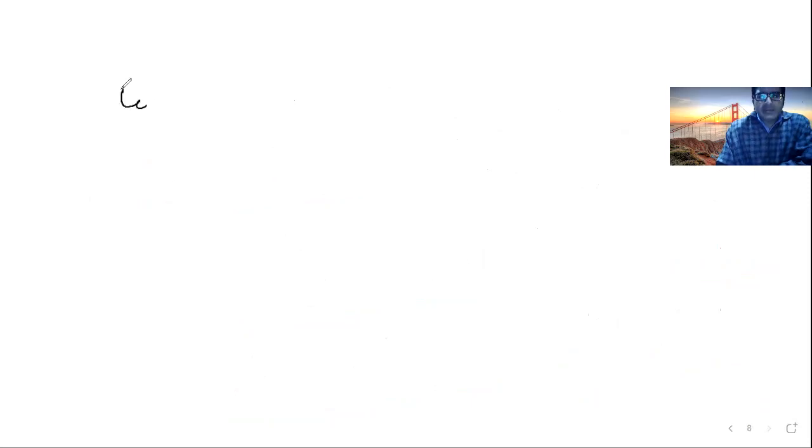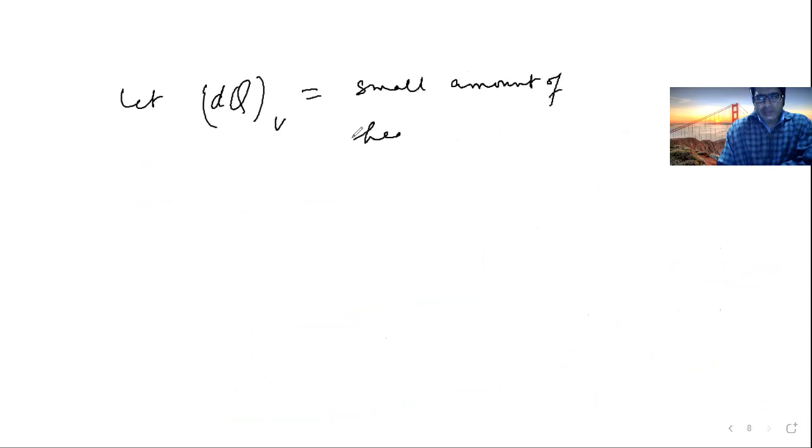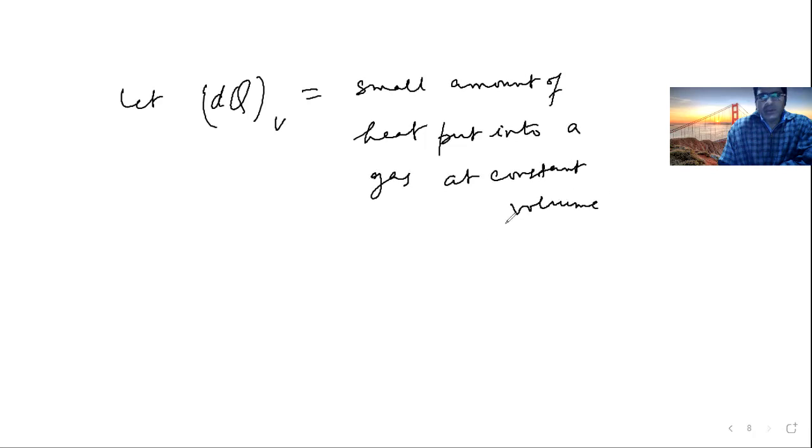Now let dq subscript v be the small amount of heat put into gas at constant volume.